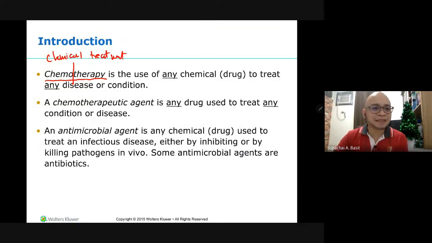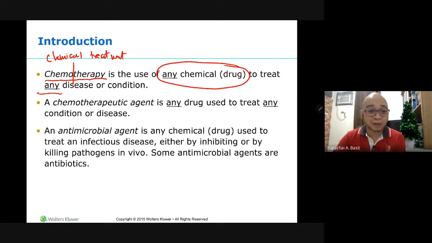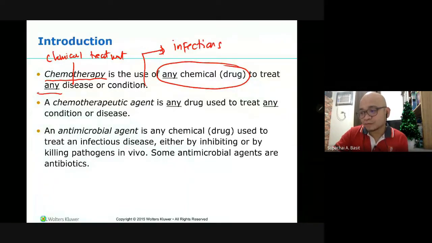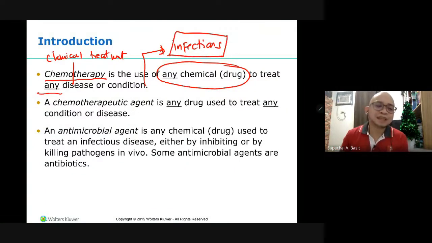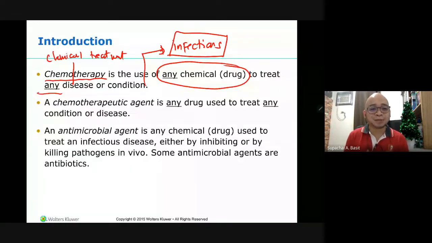Basically, chemotherapy is the use of any chemical or drug to treat any disease or condition, including infections. So if you are using a drug to treat infection, then that is a form of chemotherapy. Therefore, a chemotherapeutic agent is any drug used to treat any condition or disease, which includes the antimicrobial agent.